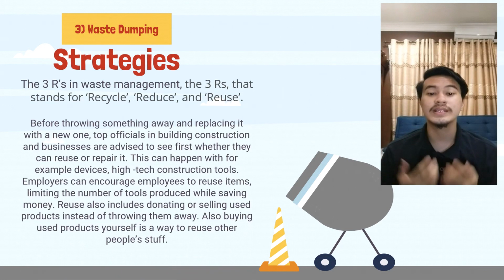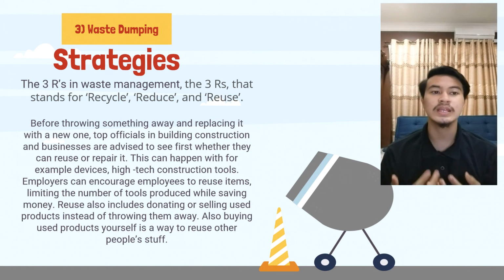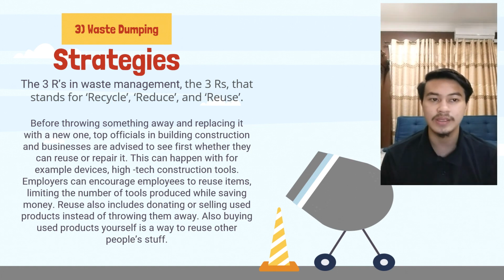Third one is reuse. Before throwing something away and replacing it with a new one, top officials in building construction and business are advised to see first whether they can reuse or repair it. This can happen with, for example, devices and high-tech construction tools.